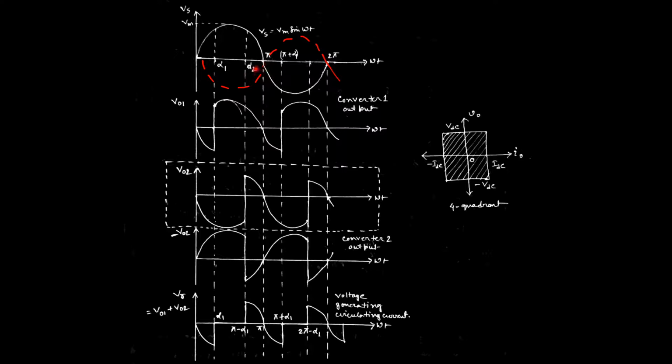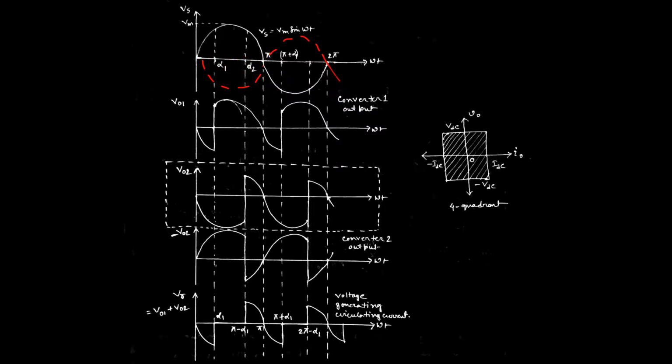It is true that it is coming from the negative cycle, but as it is an operation for the rectifier circuit, and we know that in a rectifier circuit the voltage and current both will be in the same direction, that is why the converter output will be replaced by this peak. Up to this point the converter is not working, before alpha 2. From 0 to alpha 2 there is actually a blocking voltage for converter 2.